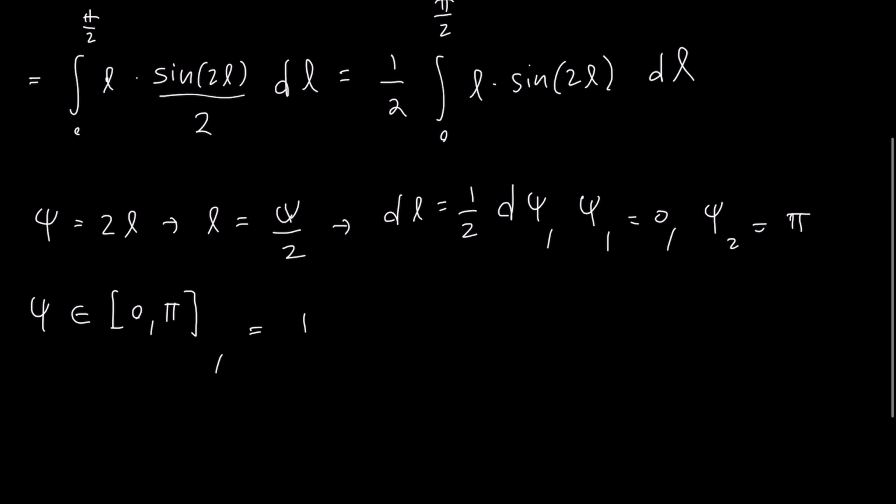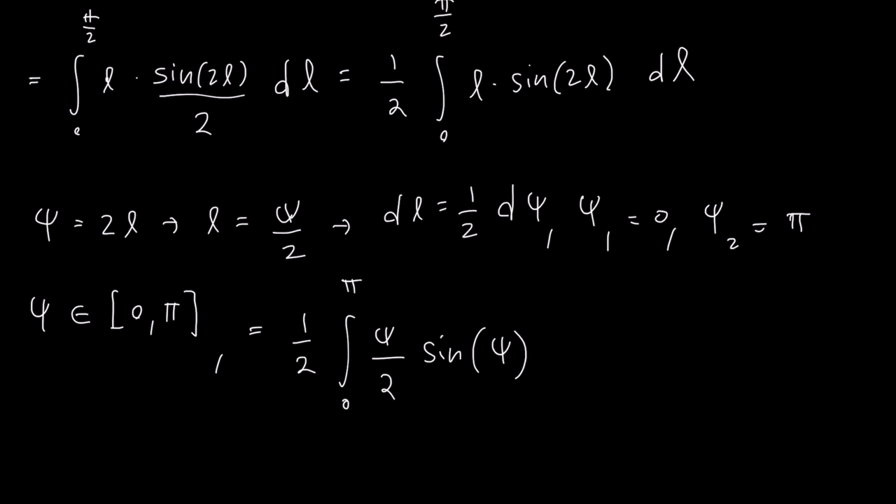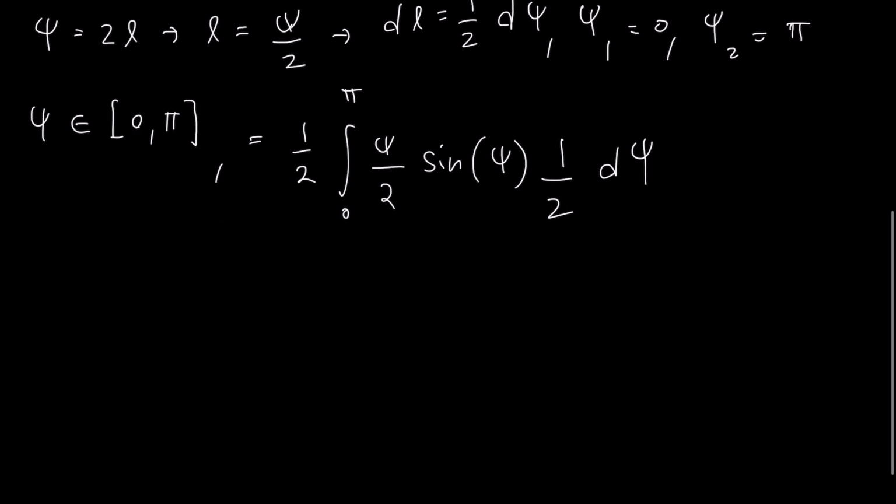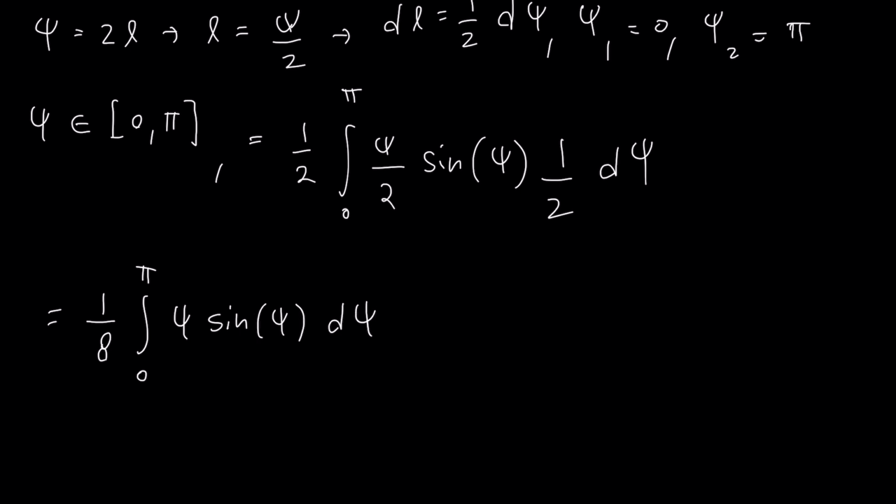So this is going to equal 1/2 the integral from 0 to pi of L, but we said that's psi over 2, and sine of 2L is sine psi, and dL is 1/2 d psi. And we'll group together the 3 1/2s. So we have 1/8 the integral from 0 to pi of psi sine psi d psi.